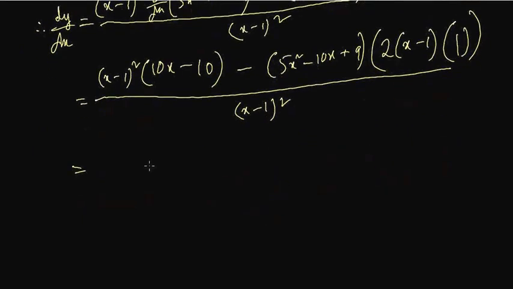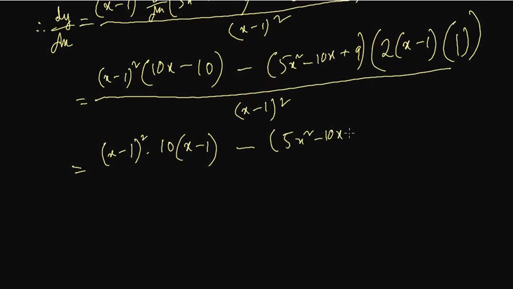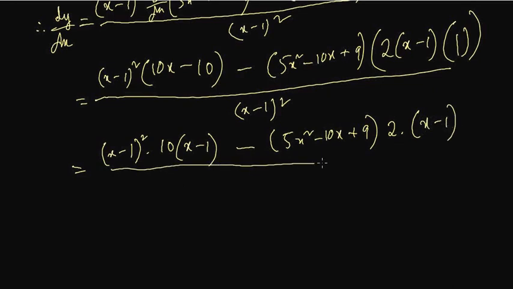So now if you take a look here, this is (x minus 1) whole squared. Now if you take this 10 common, this becomes (x minus 1) minus, if you write this out, 5x squared minus 10x plus 9, this is 2 into (x minus 1), divided by (x minus 1) whole squared.